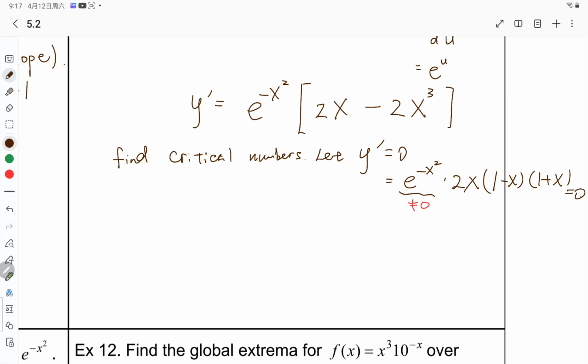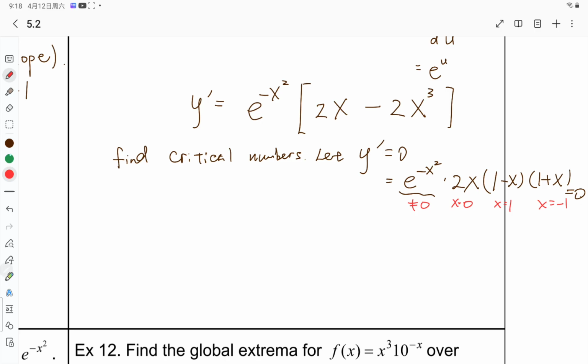Yeah, so it has several zeros. The critical values, the candidates, are here: 0, and then 1, and then x equal to negative 1, okay? Alright, and then what's next? Remember, if we talk about local max and local min, last time we talked about how we can keep differentiating and see the second derivative.